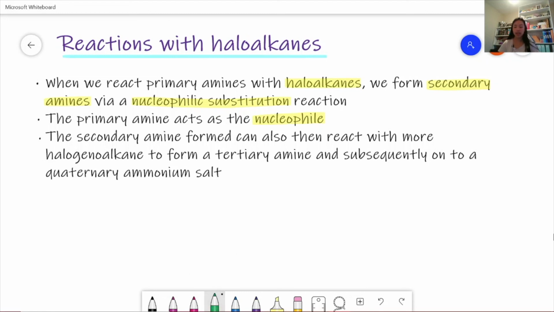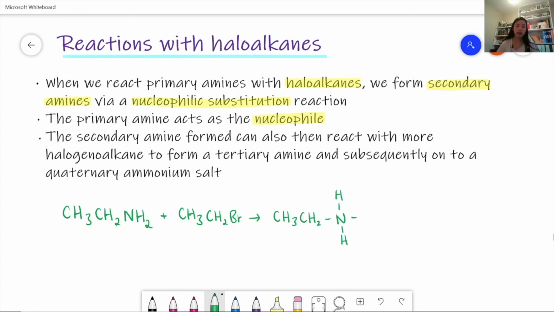So the reaction we get is, for example, if we had ethylamine, so CH3CH2NH2, and we added this with some bromoethane, so CH3CH2Br, and this would form CH3CH2, and then you'd have the nitrogen, and then 2 hydrogens, and then CH2CH3. And we also form a salt.